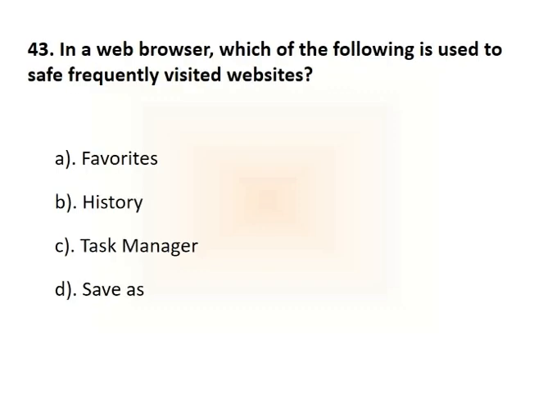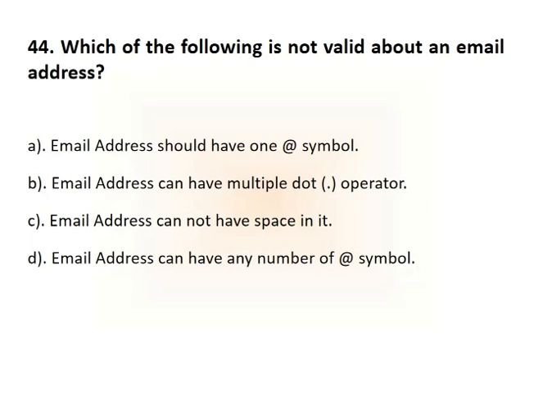In a web browser, which of the following is used to save frequently visited websites? A, Favorite. Which of the following is not valid about email addresses? Option number D, an email address can have any number of @ symbols.